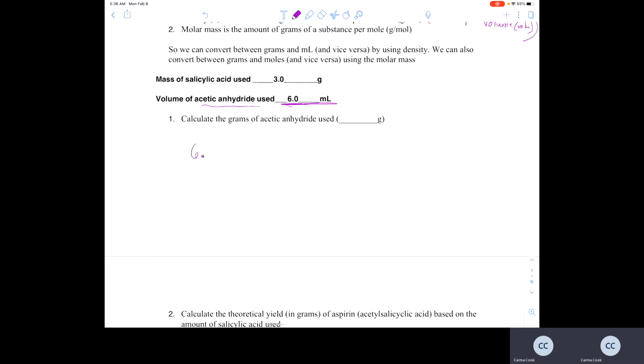So our first calculation is to calculate the grams of acetic anhydride that we used. We used 6 milliliters. So we need to convert the milliliters to grams. Our conversion factor is, of course, a fraction. The unit that we want to get rid of is milliliters, so we put milliliters in the denominator. The unit that we want is grams, so we put that in the numerator.